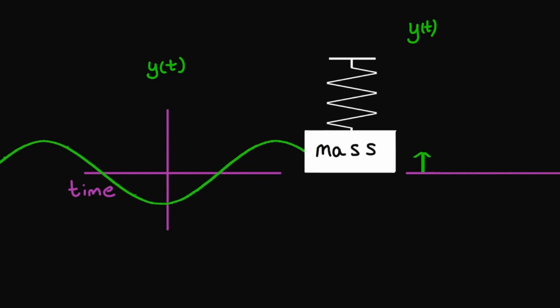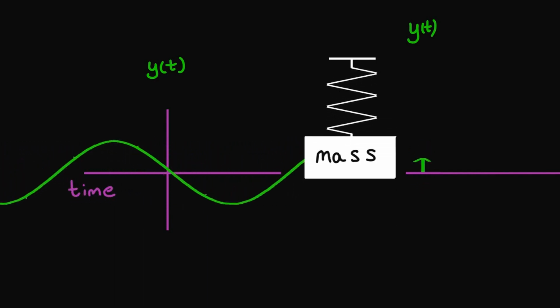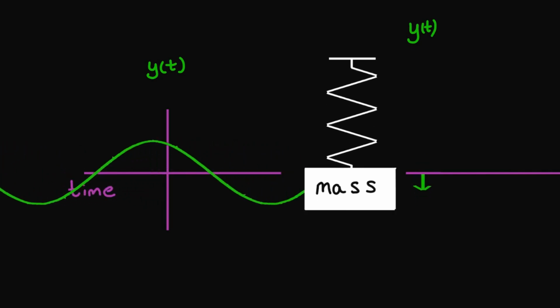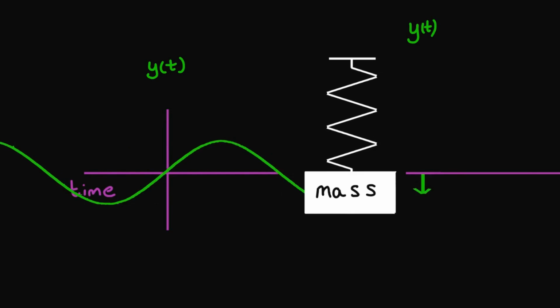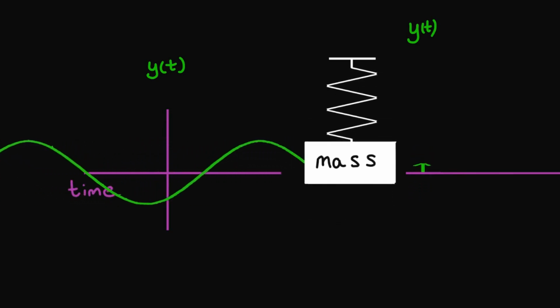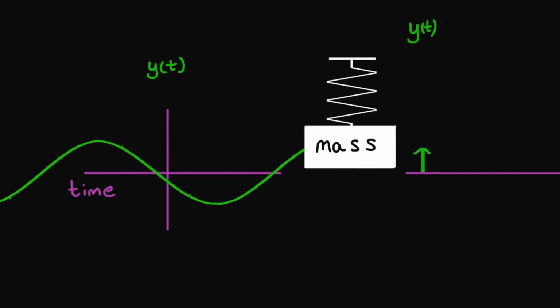I also want an arrow to represent the block's acceleration. When the block is at the bottom, the acceleration is pointing straight up, and when the block is at the top, the acceleration is pointing straight down. Let's pretend you measure the acceleration and it looks like this.